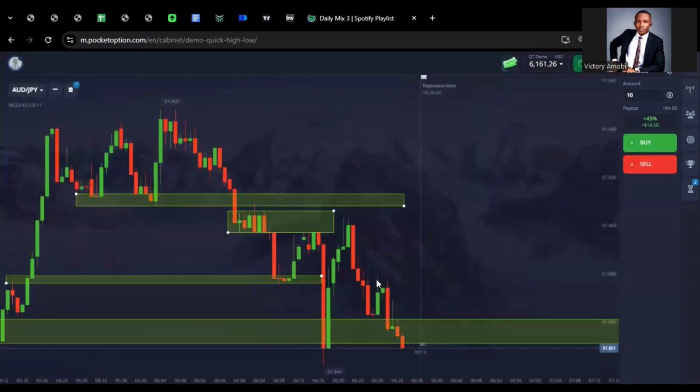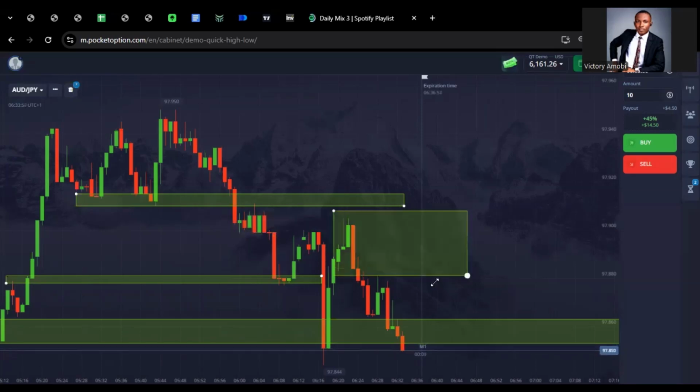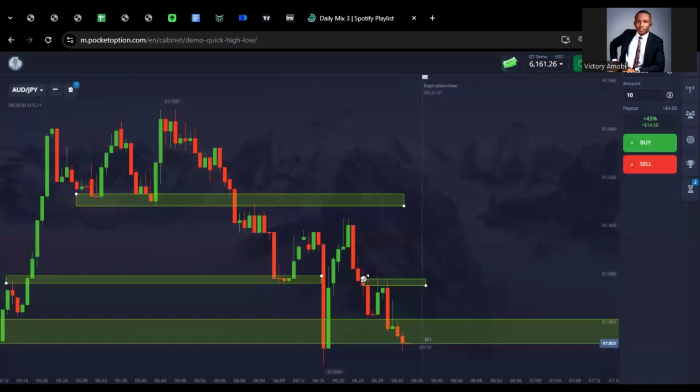If you look closely here, what I'm seeing is like a double top, right? Especially in the market to reject. If it had closed well, I can tell that it has broken this area. So let me just mark that out for you so you see what I saw that just happened, right? For these two candles, it didn't close above this, a double top, which signals a strong sell.